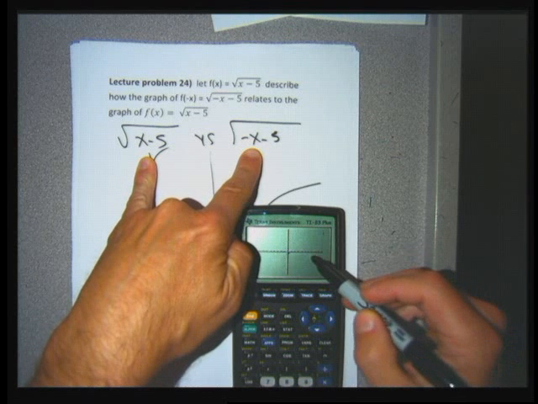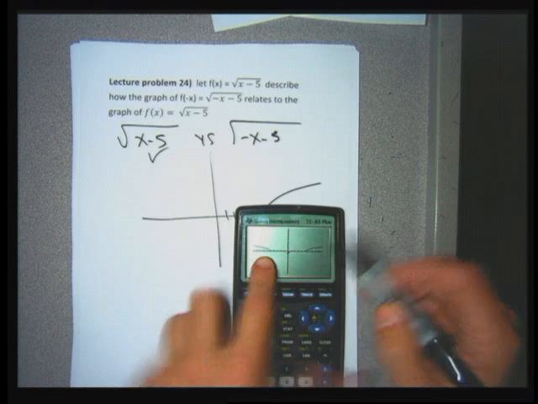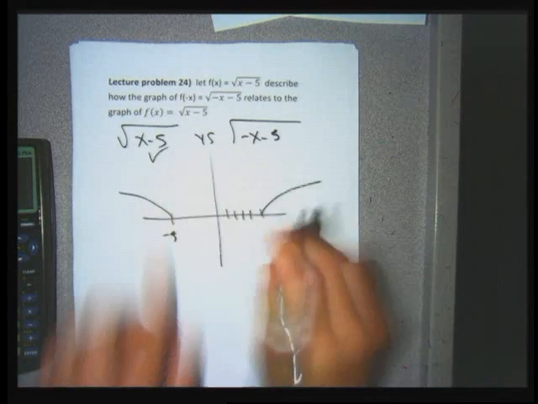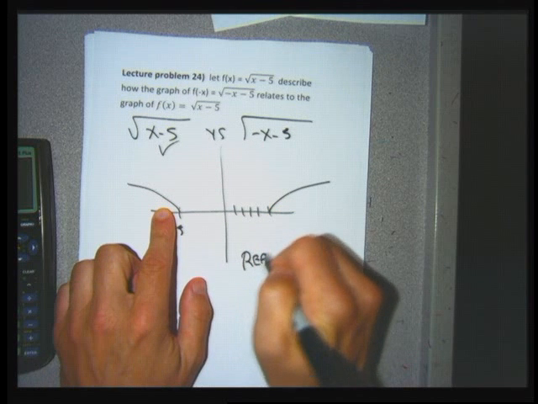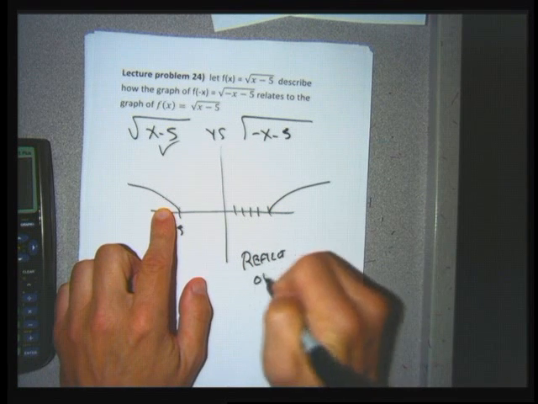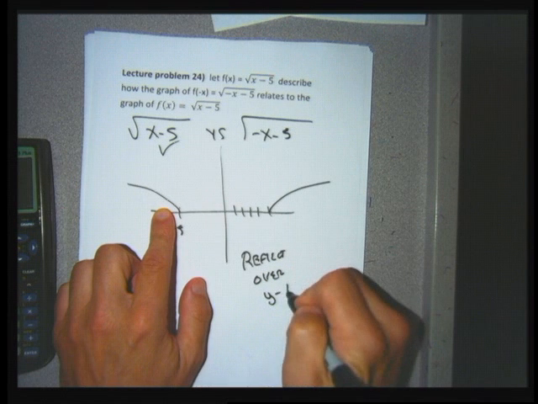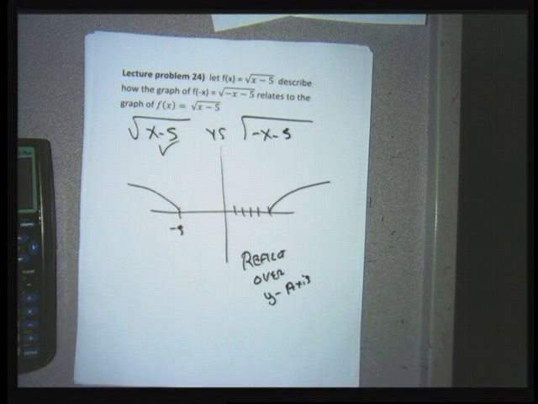Here's the square root of x minus 5, half parabola on its side. There's the square root of negative x minus 5, which is over here at negative 5, and it looks like that. And that's a perfect reflection over the y-axis. So if you just change the x to a negative x, it reflects the graph over the y-axis.